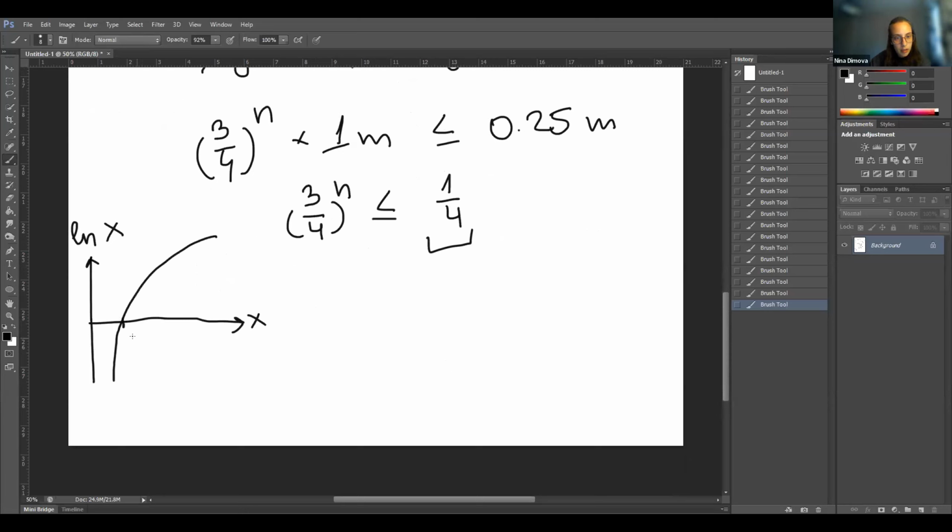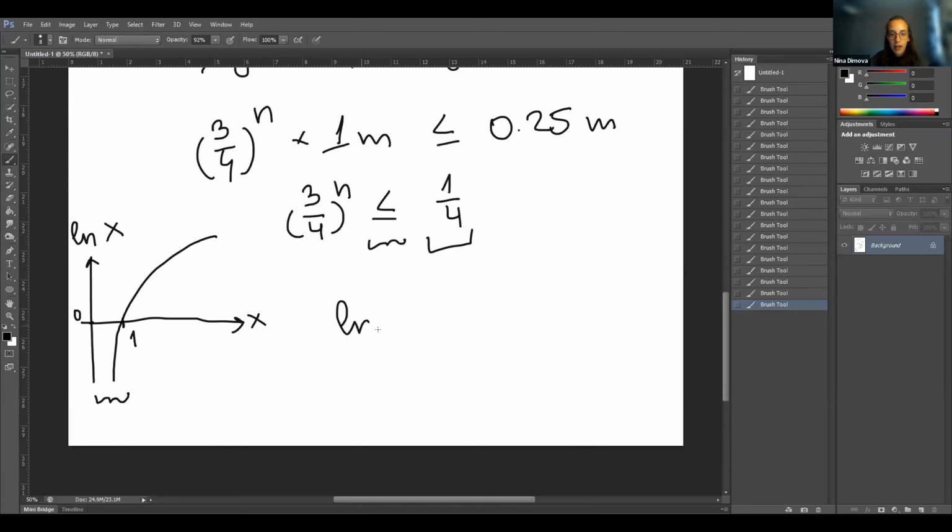So it crosses the axis at 1. So what I'm trying to say is that a log of something smaller than 1 is a negative number, which means that this sign here should change because it's the equivalent of multiplying by -1. So if this is smaller than this, if we take the log, this will all of a sudden be bigger than this. It's just because of the behavior of this function.